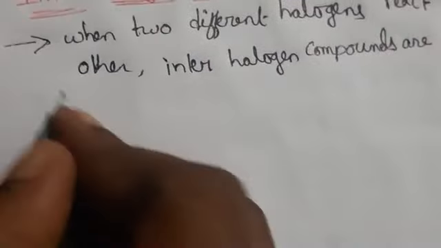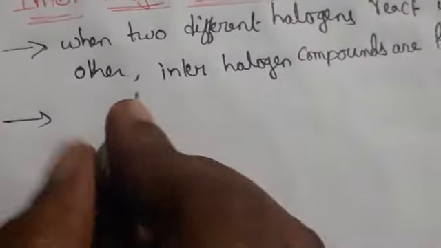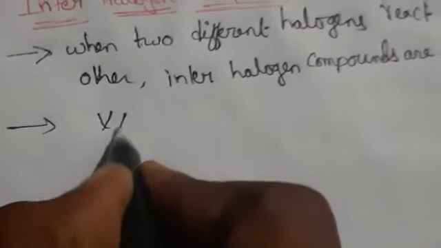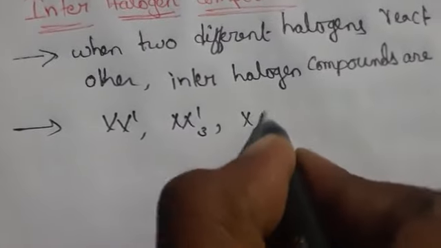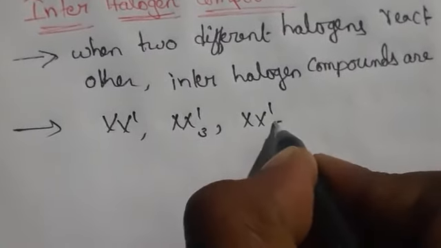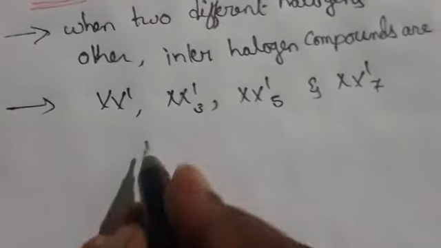Okay, so here we are having different types of interhalogens, that is XX', XX'3, XX'5 and XX'7.